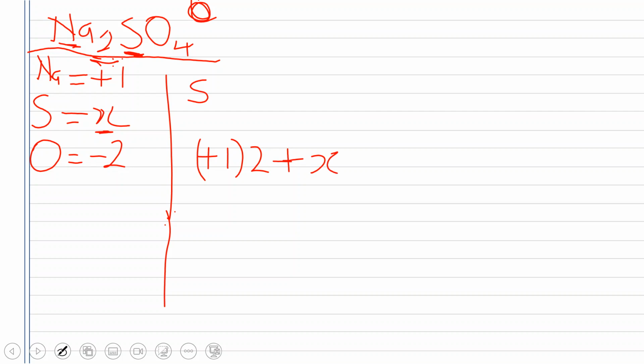What is the oxidation number for oxygen? We said it's minus 2. So I have minus 2. I'm putting it into a bracket because there's a 4 here, and that 4 is going to affect my minus 2. So I put 4 here. And we said we are equating everything to what? 0.